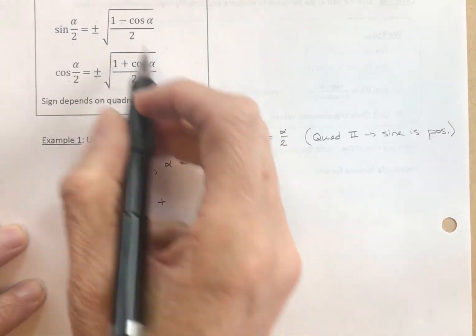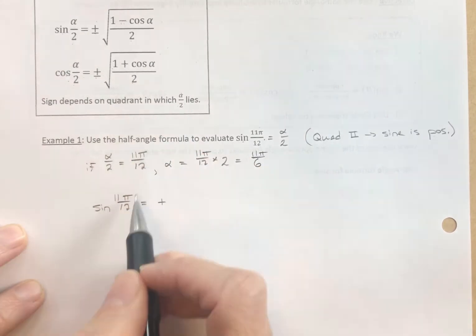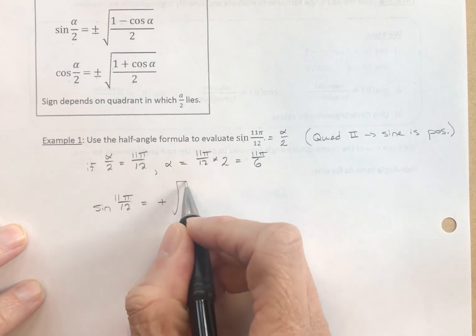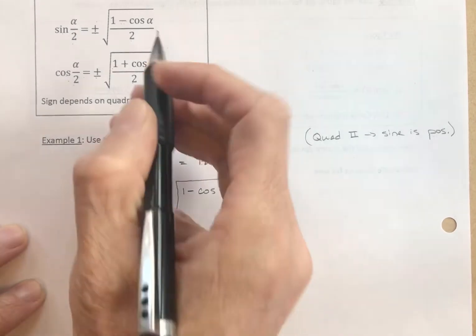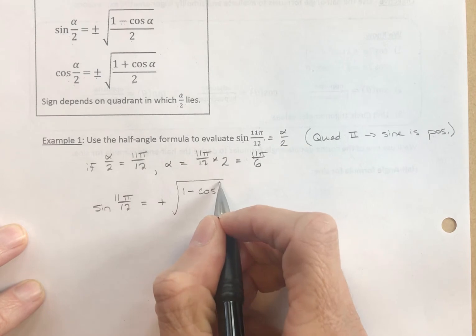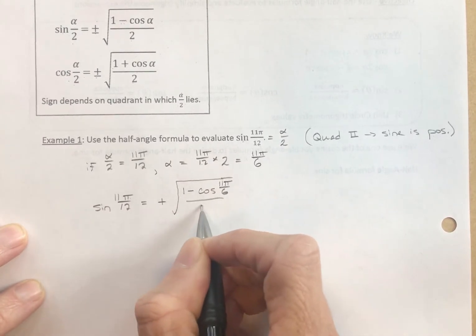We need to choose one of these two depending upon which quadrant alpha over 2 lies in. So it's positive, the square root of 1 minus the cosine of alpha, where we determined alpha was 11 pi over 6, all that divided by 2.